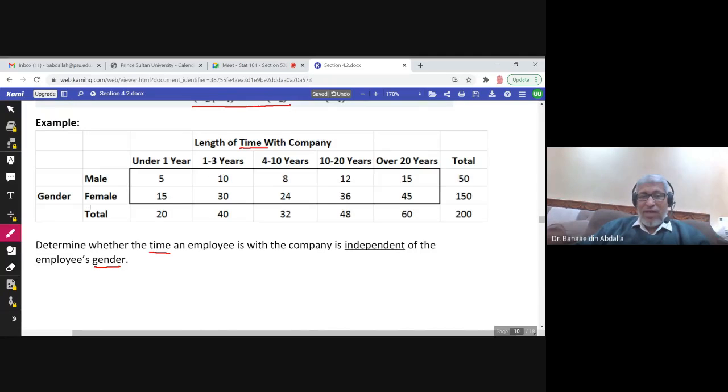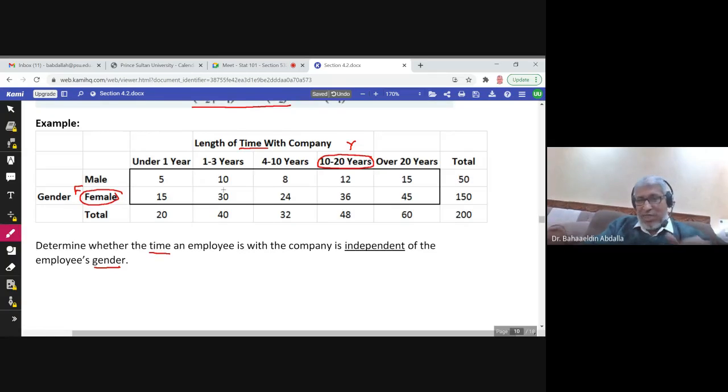I take one of the types of gender, male or female, and choose one of them. I'll take females, for example, and call it F, and choose one of these time periods, for example 10 to 20, and call it Y. So if I prove that Y and F are independent, then time and gender are independent. How can I prove that F and Y are independent? I have to use this definition.